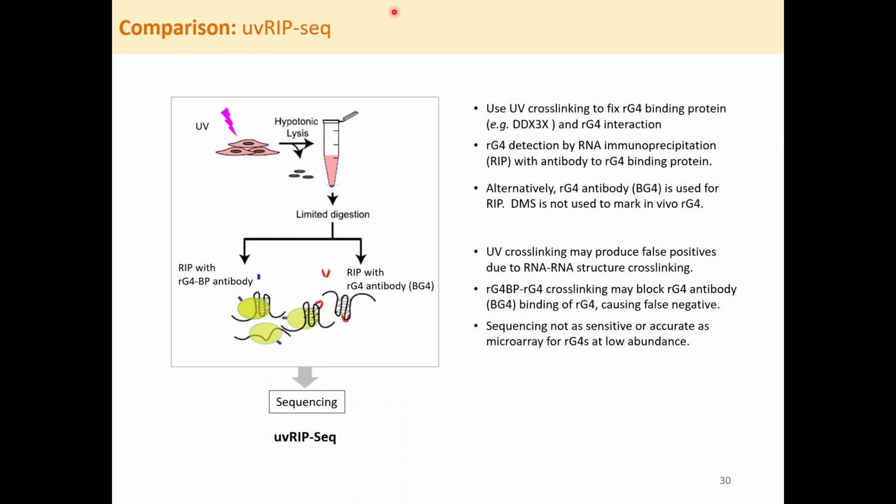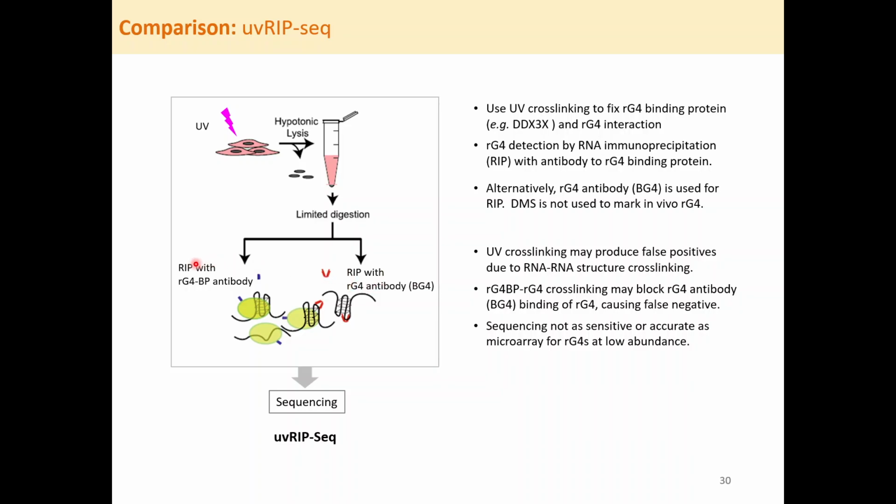In comparison with another rG4 profiling method, UV-RIP-seq. This method uses UV cross-linking to fix rG4 binding protein to the rG4. The rG4s are immunoprecipitated by antibody against the rG4 binding protein, or alternatively by antibody against the rG4 structure, known as RNA immunoprecipitation, RIP.